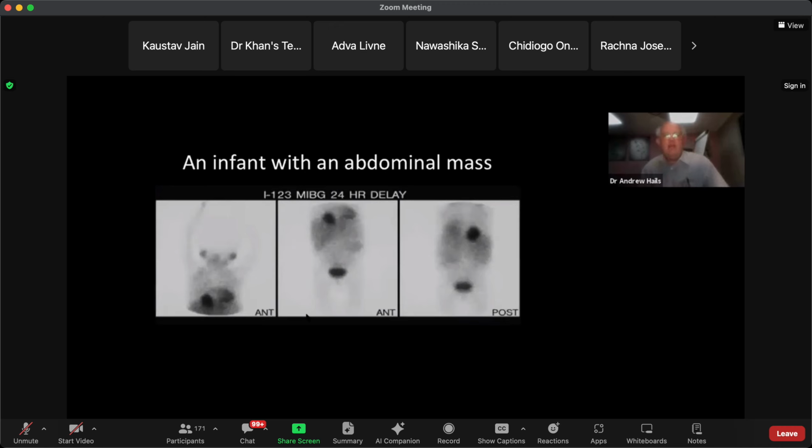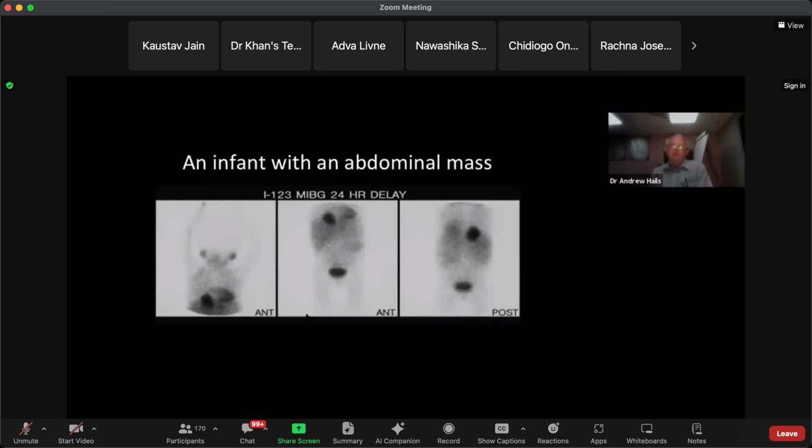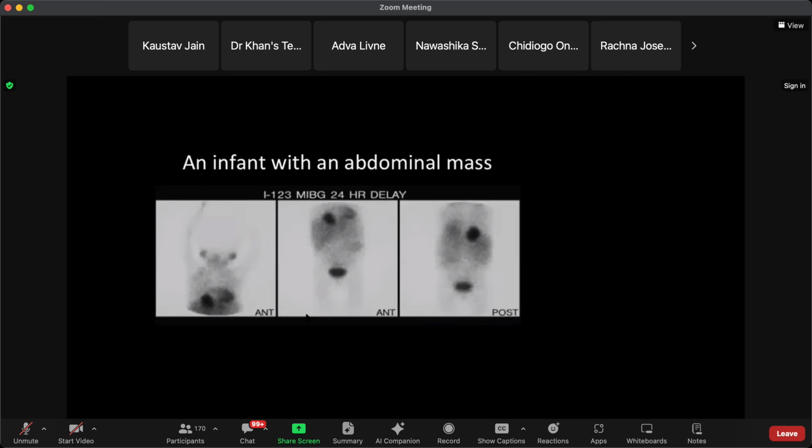Right, now I would like to ask you about this. What does this show? So again, this shows some abnormal uptake in the right upper abdomen. In an infant, I would be worried about a neuroblastoma, which would show an MIBG uptake.